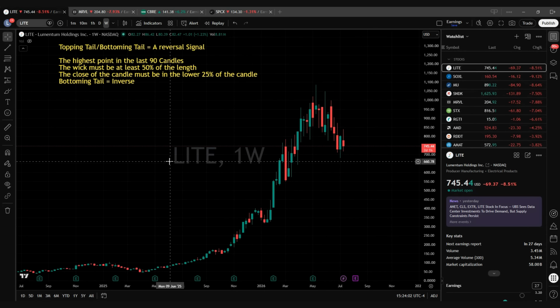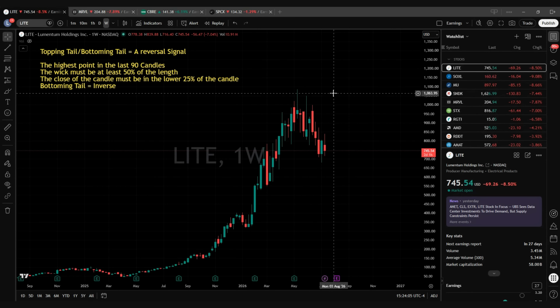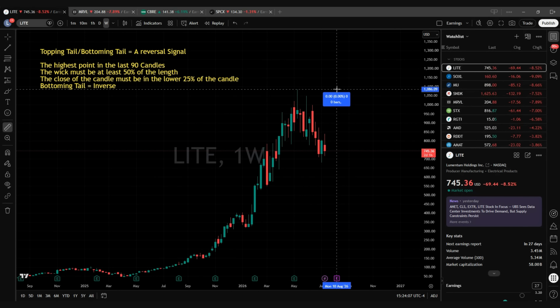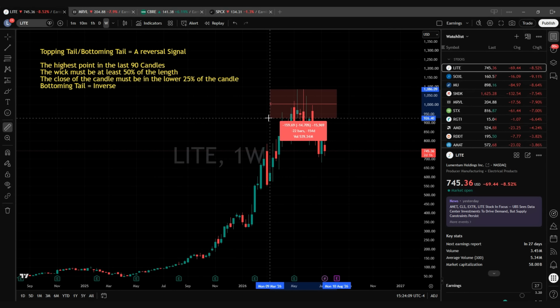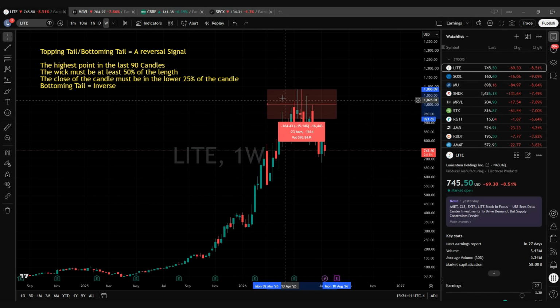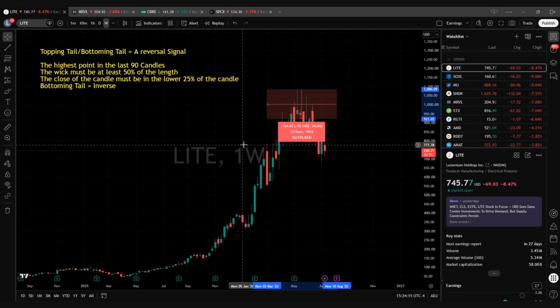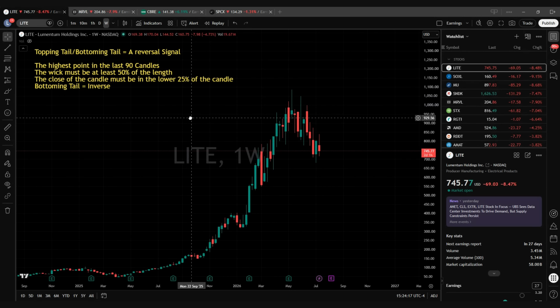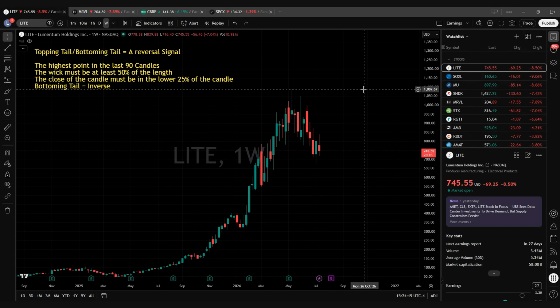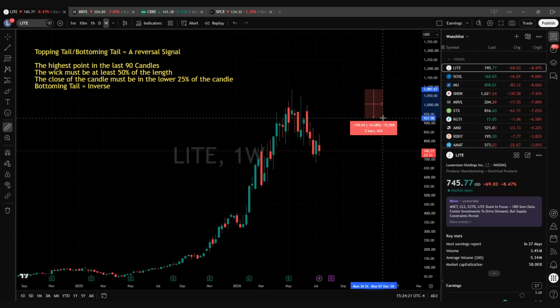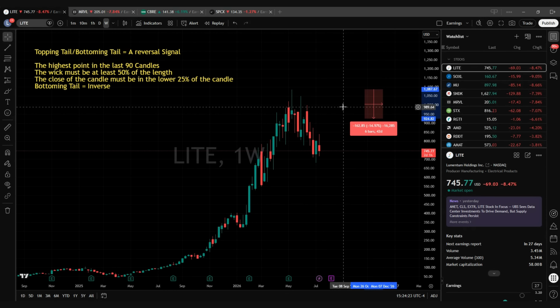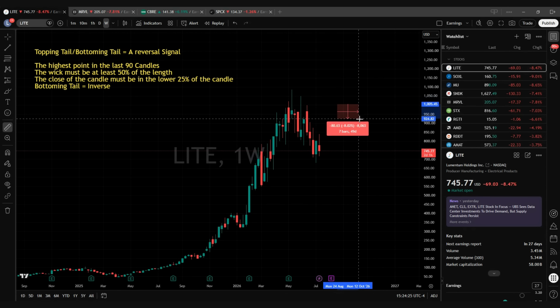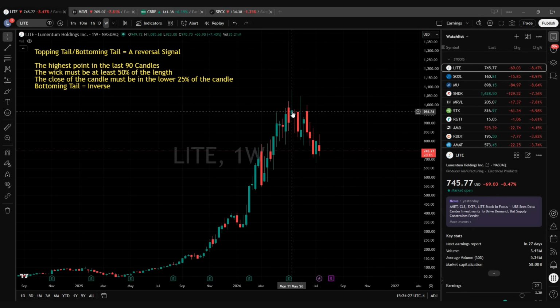Second thing, the wick must be at least 50% of the width of the entire candle. And here you can see it's well over 50% of the entire width. All right. Well, the close of the candle must be in the lowest 25% of said candle. And in this case, it is, right? It's just about 25%, just about right there.